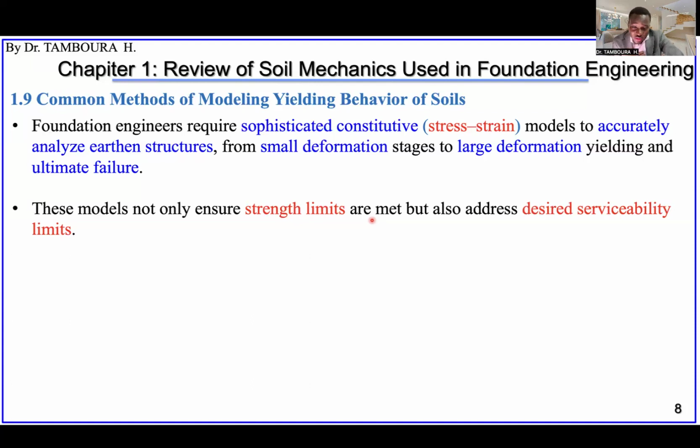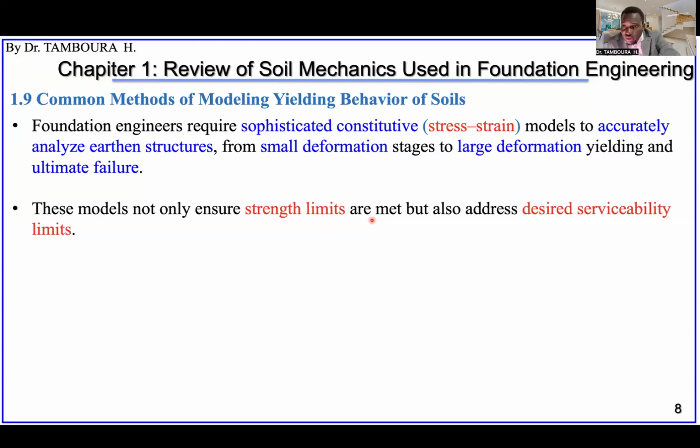Okay, so for example, if your foundation diameter is 30 centimeter, then your settlement should be around 3, maximum 3.